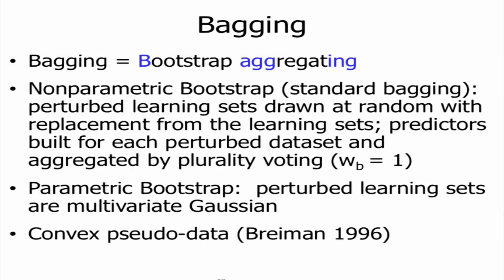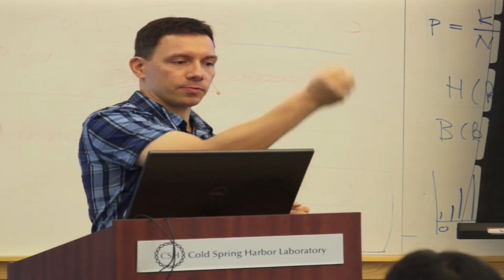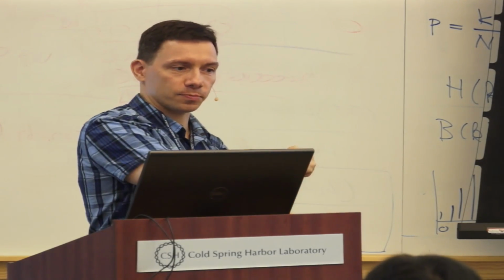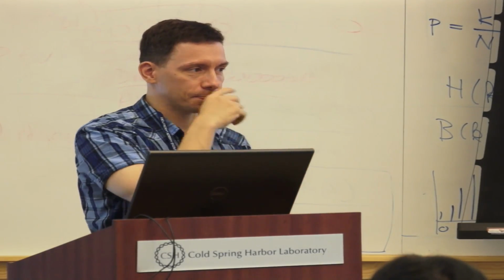Let me review what we mean by the so-called non-parametric bootstrap. So assume that we started out with our 100 subjects, and we want to get a new data set from these 100 subjects. How do we do that? Well, we could just randomly select subjects, but with replacement. So you select one, put it in a bag, select another person, put it in a bag, but you always return the subjects.